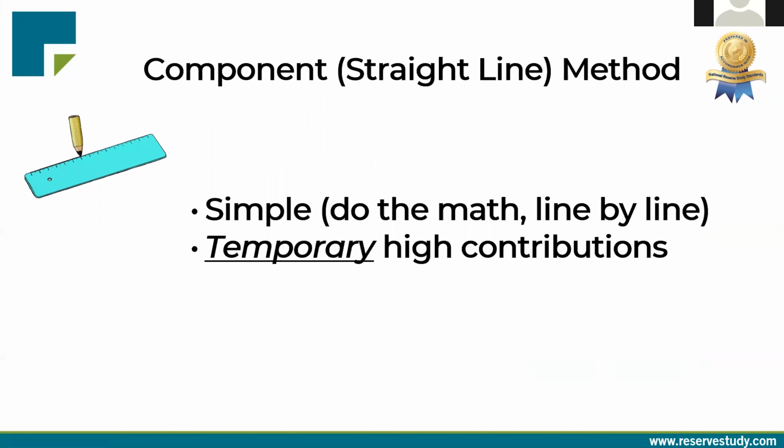It's just a matter of line by line, simple calculations that could easily be done with a calculator. But because the average association is underfunded, component method calculations for underfunded associations yield high contributions in the first few years. And that makes the component method funding plans a tough pill to swallow for most associations.